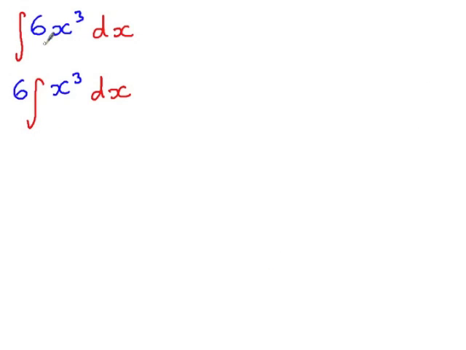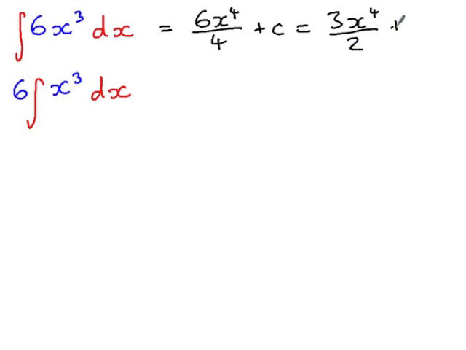Similarly, when multiplying by a constant, it doesn't matter if you integrate the whole term or if you first integrate without the coefficient and then multiply by that coefficient. So the integral of 6x cubed with respect to x, remember that was 6x to the power of 4 over 4 plus c, which is 3x to the power of 4 over 2 plus c.